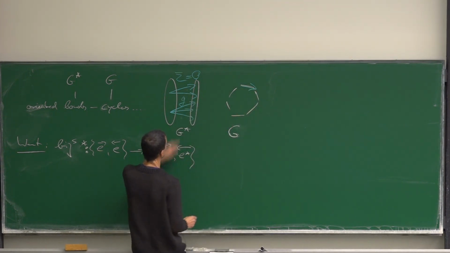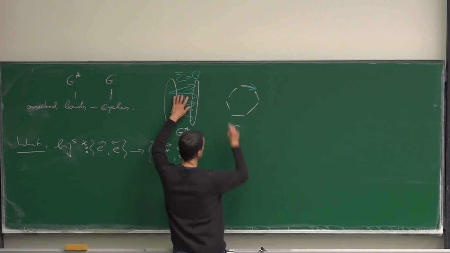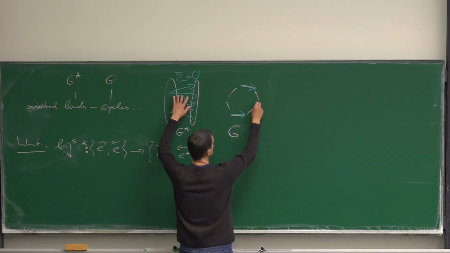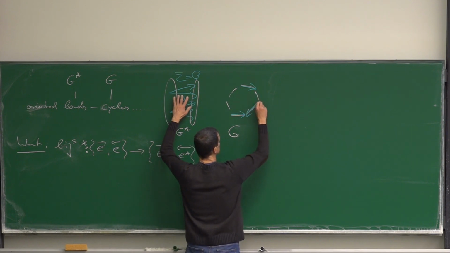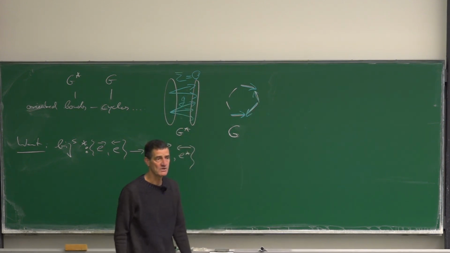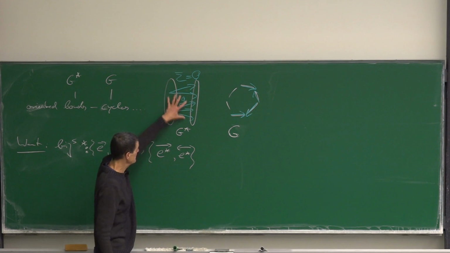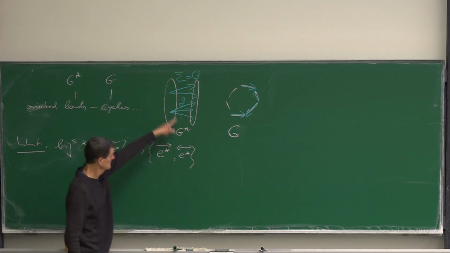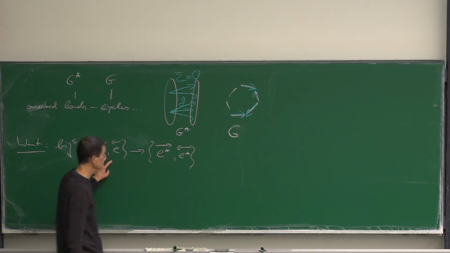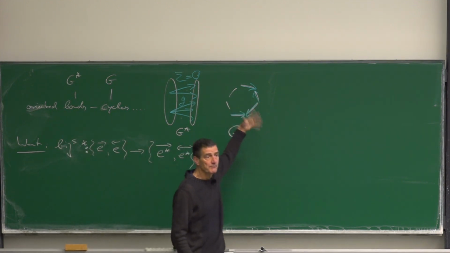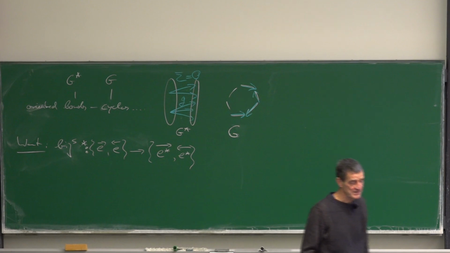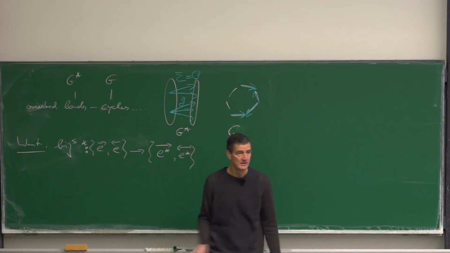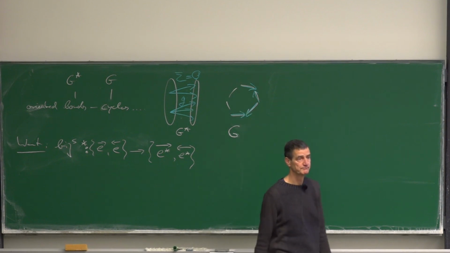This is the first. The second could be perhaps this one. And the third could be that one, and the fourth could be this one, and so on. Every oriented edge of this bond is mapped to an oriented edge of this cycle, but the orientations on that cycle depend on how we chose these bijections.